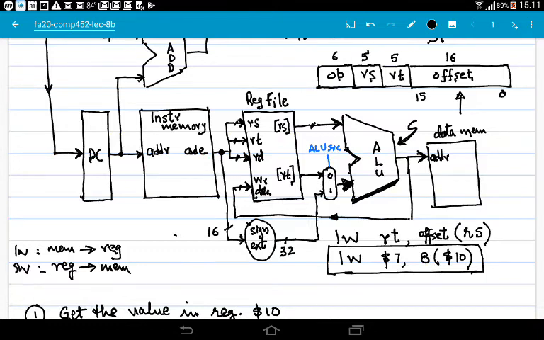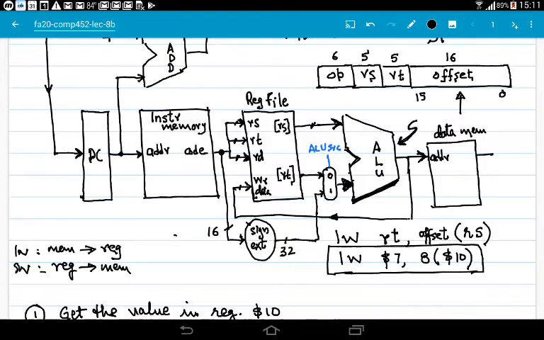Okay, good. Now when the result coming from the ALU is presented to the address input of the data memory and read mem is asserted, this memory will present the data stored at that address at its output.